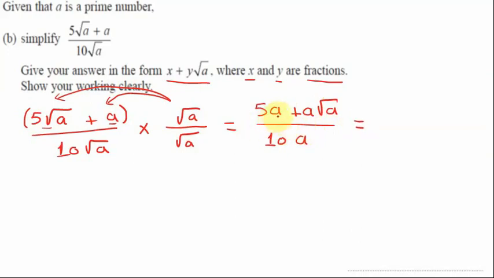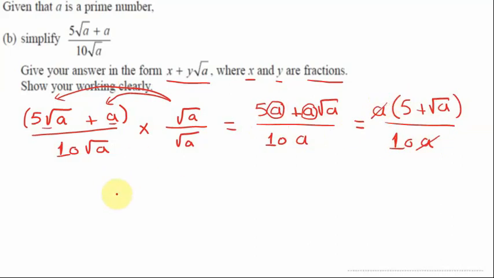We have a common factor in the numerator, which is a. So I will take a as a common factor, and in brackets I'm going to write 5 plus root of a all over 10a. Now we can cancel a with a, so equals 5 plus root of a over 10.